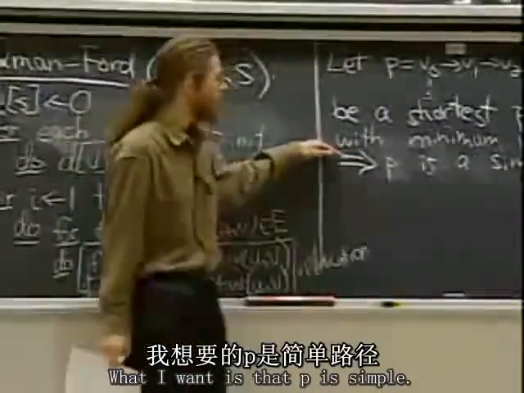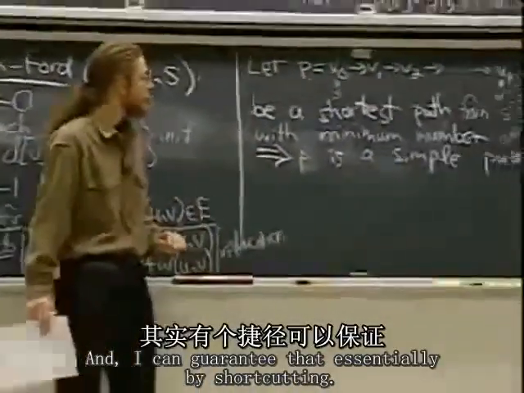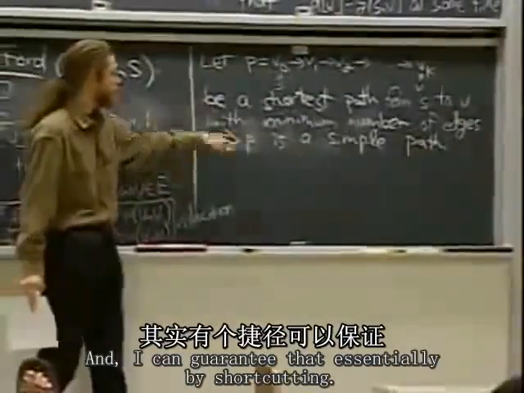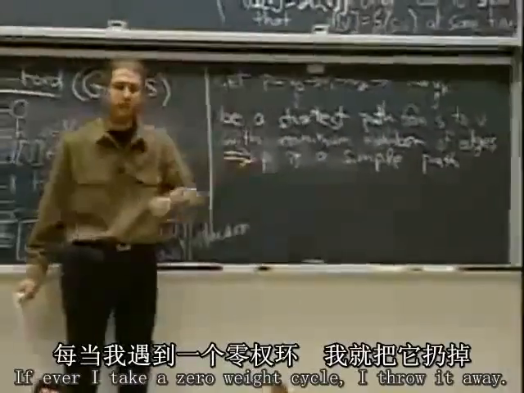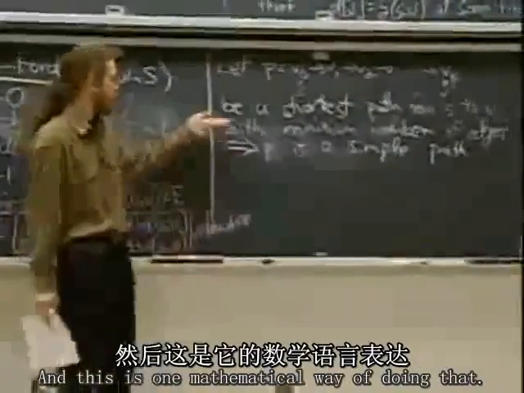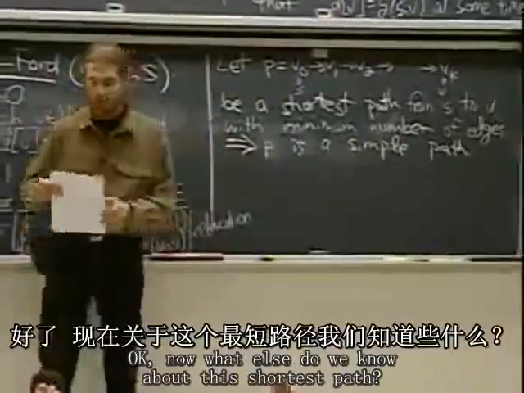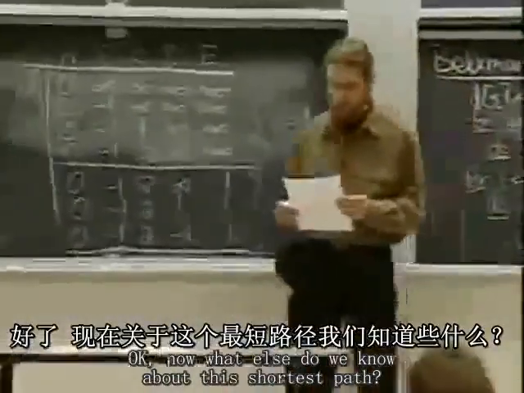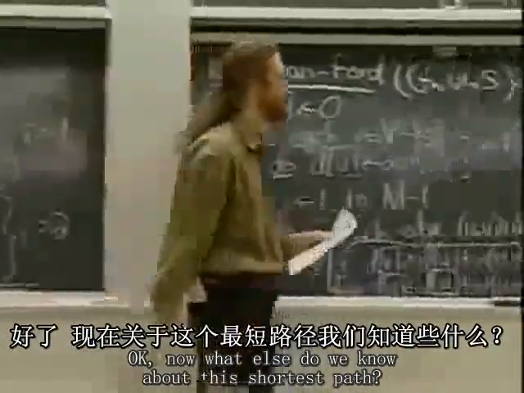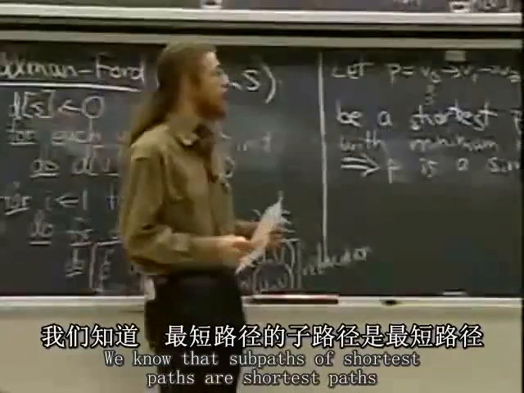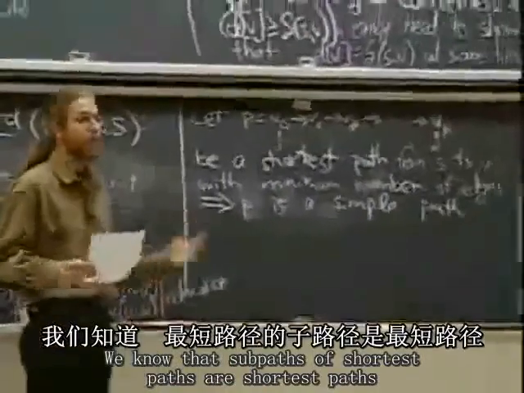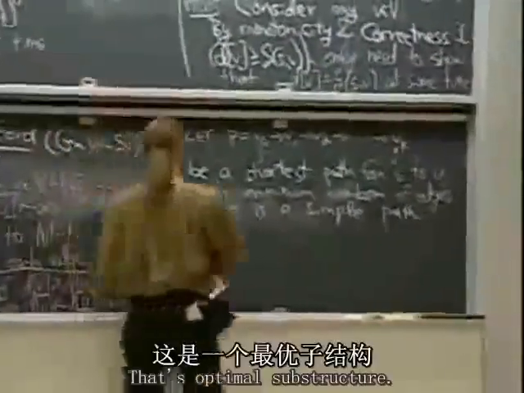What I want is that P is simple. And I can guarantee that essentially by shortcutting. If ever I take a 0 weight cycle, I throw it away. And this is one mathematical way of doing that. Okay. Now, what else do we know about this shortest path? Well, we know that subpaths of shortest paths are shortest paths. That's optimal substructure.